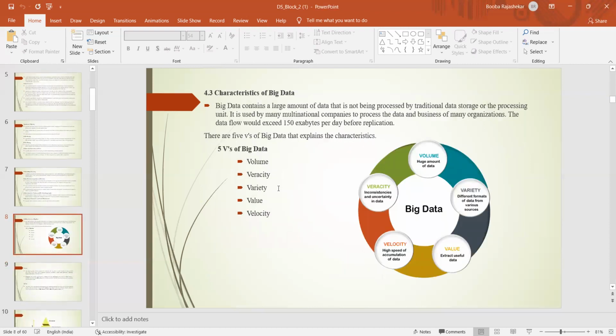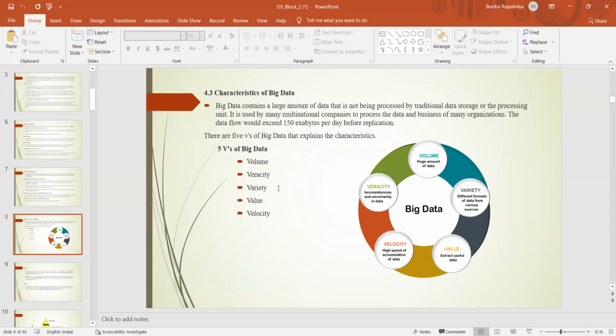Characteristics of big data. What are the characteristics of big data? Big data is a large amount of data that cannot be processed by traditional data storage or processing units. It is used by many multinational companies to process data and run the business of many organizations.